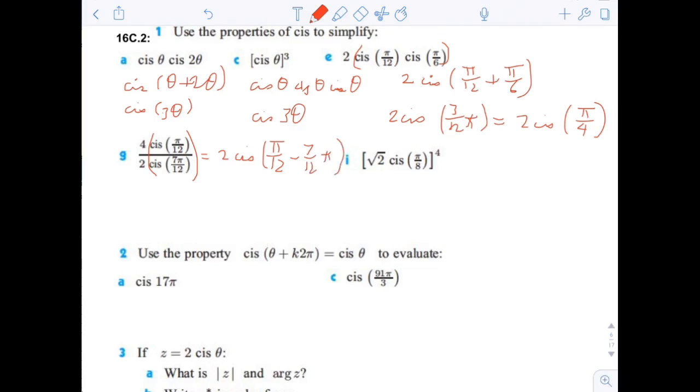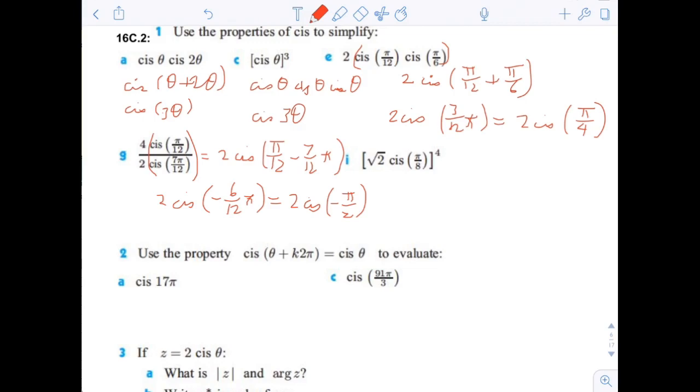So the result would be 2 cis of negative 6/12 pi, which is negative 1/2 pi. So it would be 2 cis negative pi over 2, which we can simplify, right?